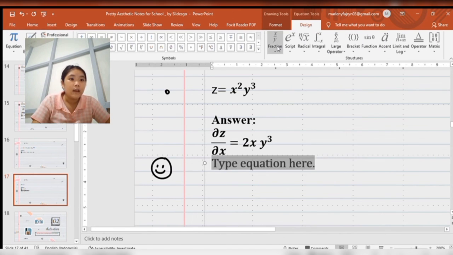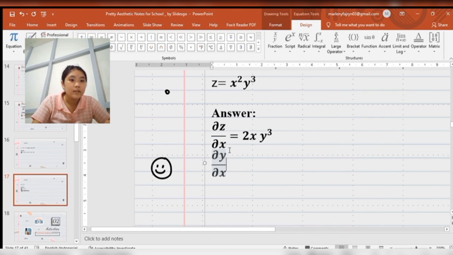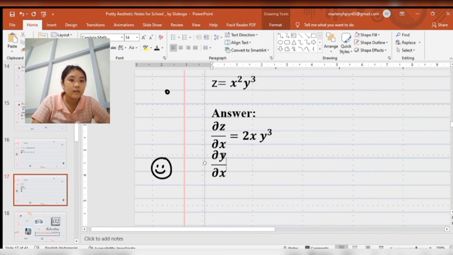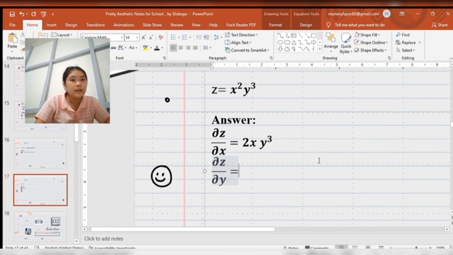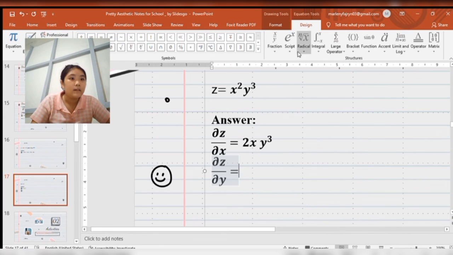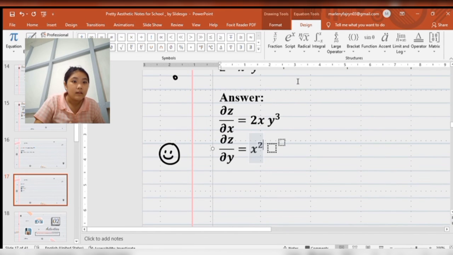And then we have to write del z per del y equal, when we want to solve the derivative of y, the x will be constant, so we write again x with 2 power, and then the power in y is 3, right?